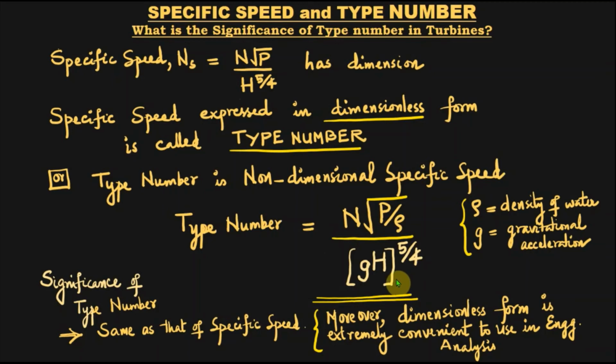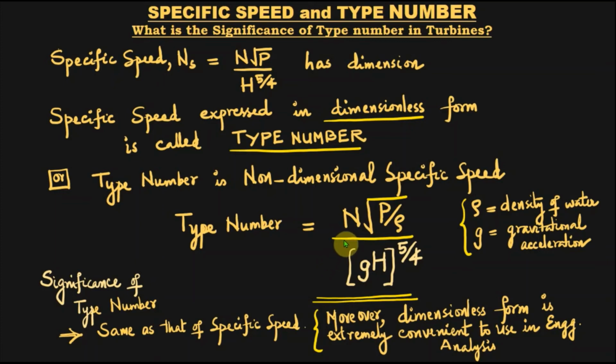So that means if you divide the power by the density of water, if it is a hydraulic turbine, and that P by rho is within the radical, and at the same time if you include in the denominator the gravitational acceleration g, remember, this index 5 by 4 is applicable for both g as well as H. So type number is the non-dimensional or dimensionless form of the specific speed, and which can be obtained by making changes like this.